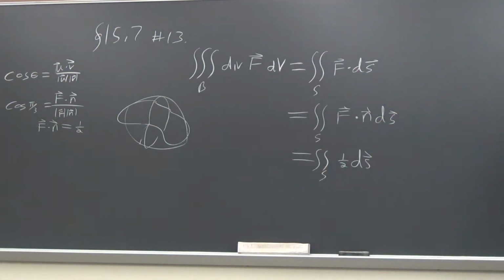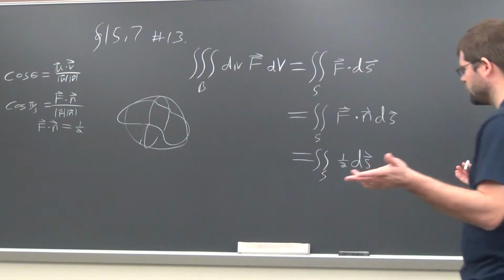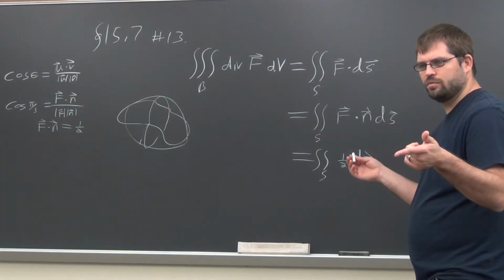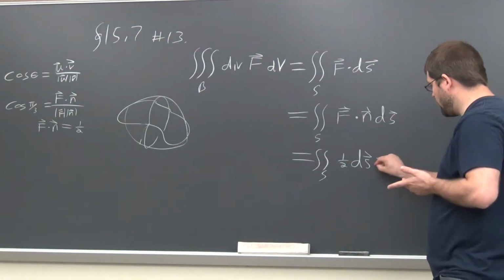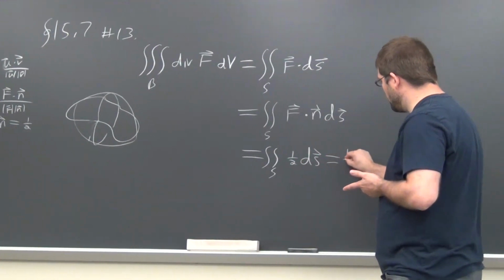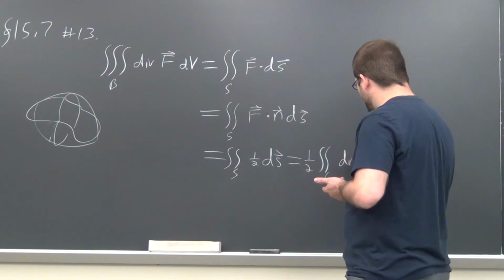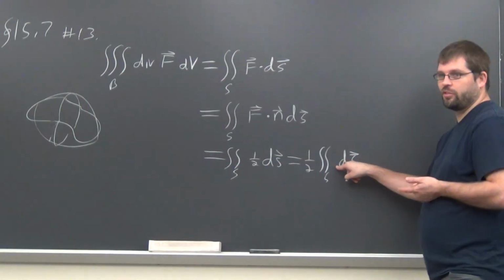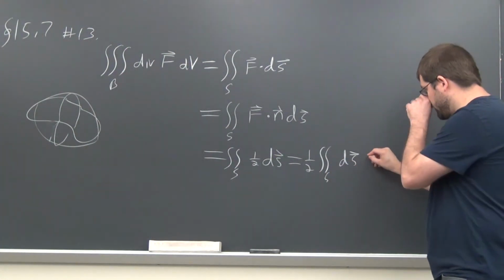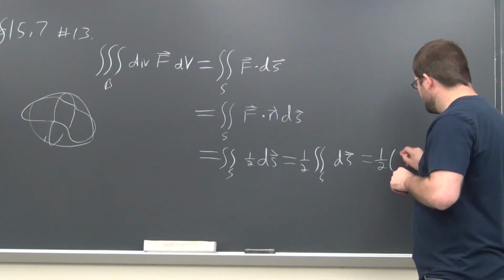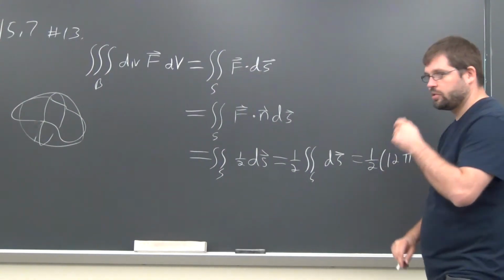Again, we have no information about the surface other than its area, which was 12 pi. If you integrate the function 1 over a surface, you get the area of that surface. So this is just 1/2 times 12 pi, so 6 pi.